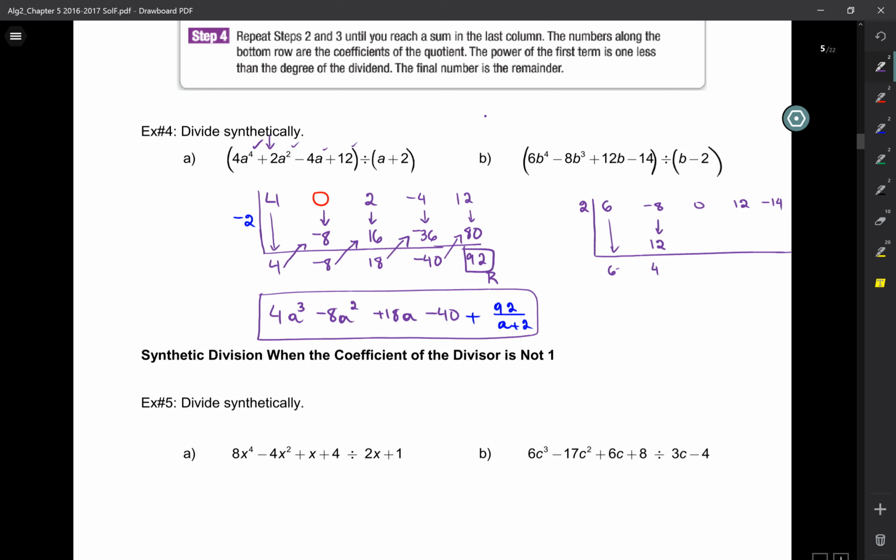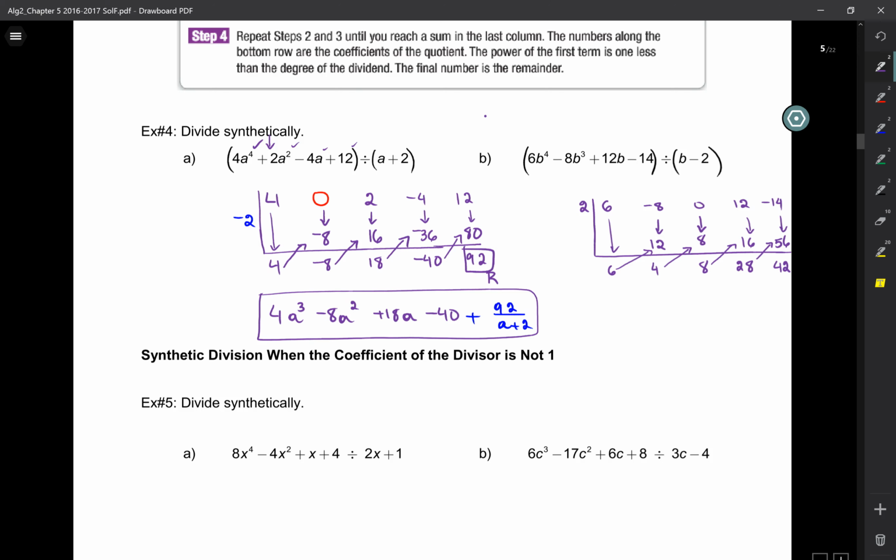Adding is 4. Times 2 is 8. Adding is 8. Times 2 is 16. 28. 56. And adding we get, what do we get? 42.